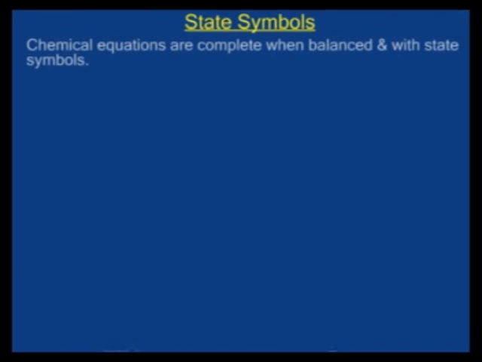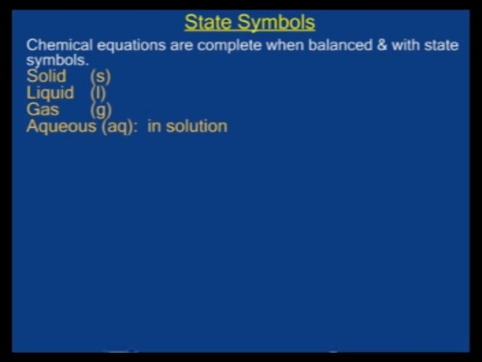State symbols. Now, a chemical equation is complete if balanced and the state symbols of the reactants and products are indicated. The state symbols are enclosed in brackets, and they are solids represented by S, liquid by L, gas by G, and aqueous represented by AQ.